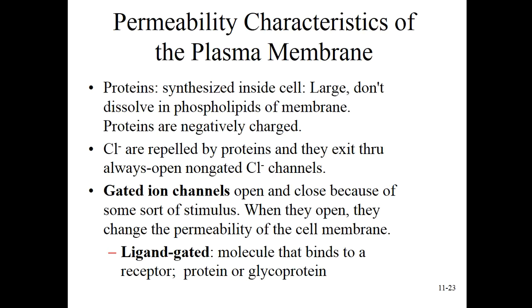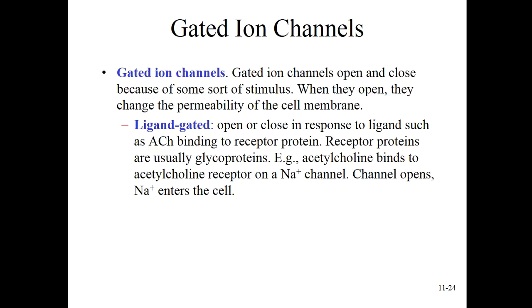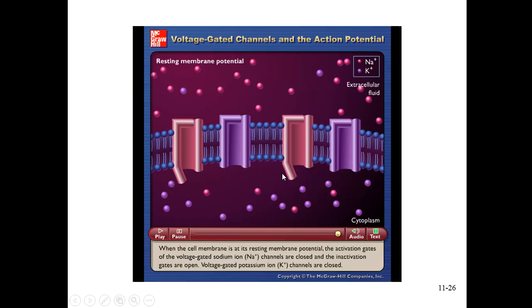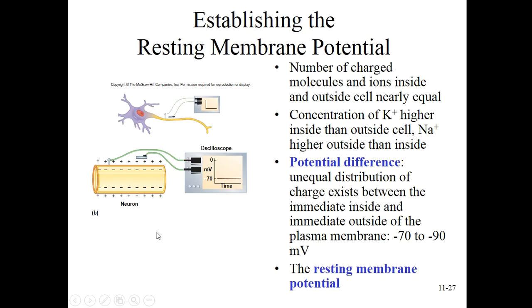So think about this. Ions have an electrical charge, like this chloride or this sodium. If I concentrate the ions on one side of the plasma membrane and then allow them to sweep in and out, it will cause a change in the electricity that we could measure if we had a tiny detector.